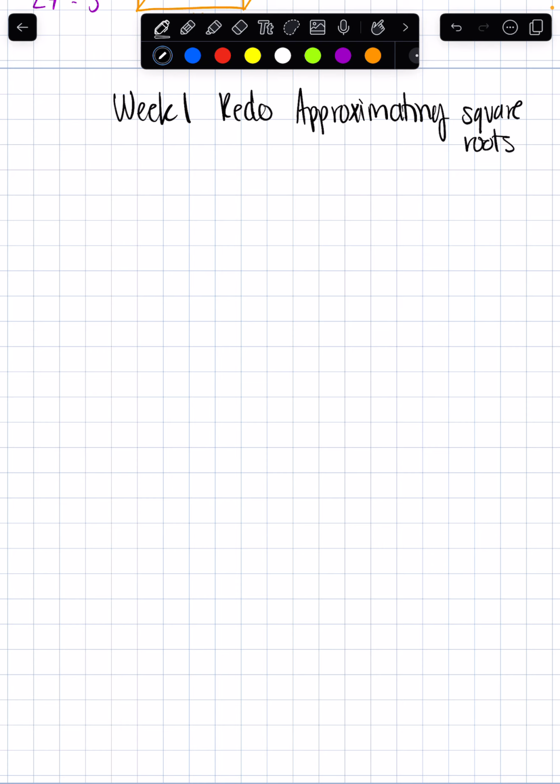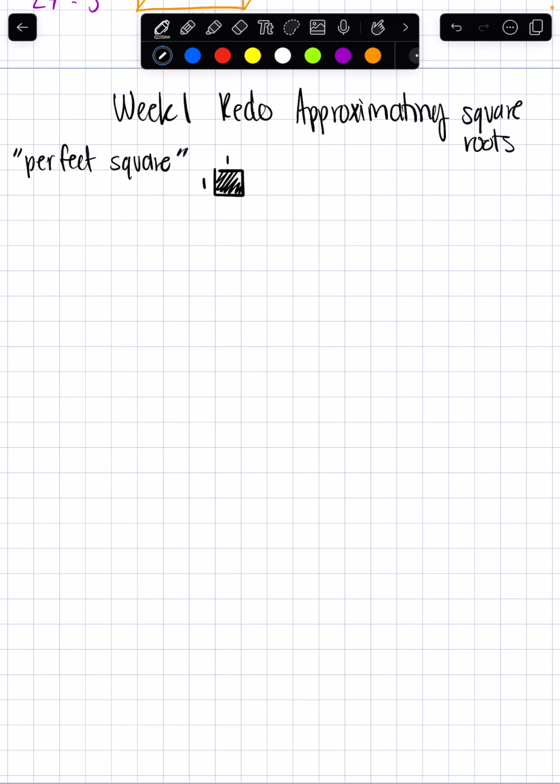Okay, so let's first think about what does it mean for something to be a perfect square? Well, a perfect square is any square that you can draw on your graph paper nicely, where you end up tracing the exact graph paper lines. So for instance, 1 squared makes this singular little box.